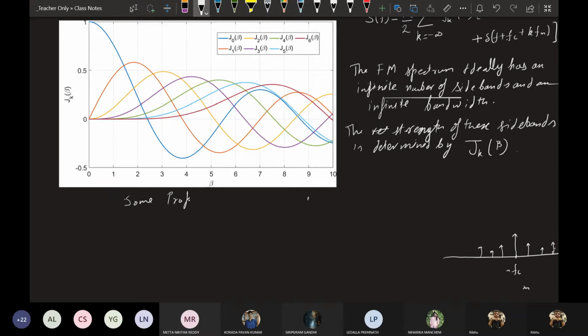First, Jk beta equals minus 1 to the power k times J of minus k beta.